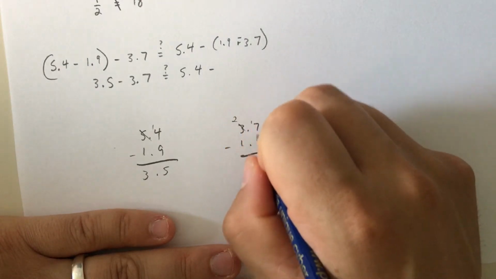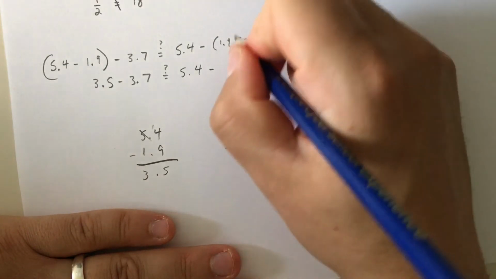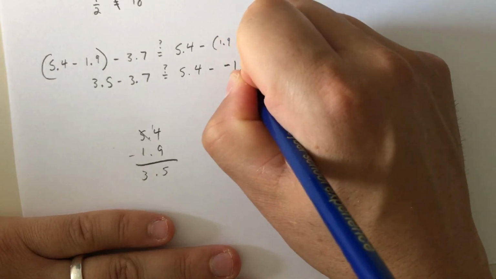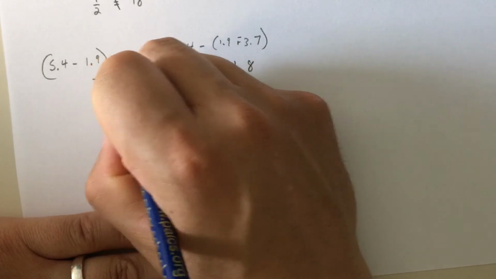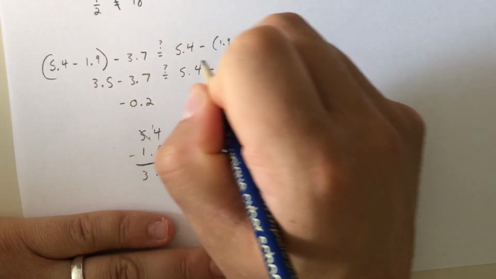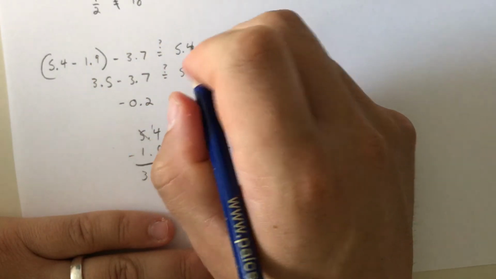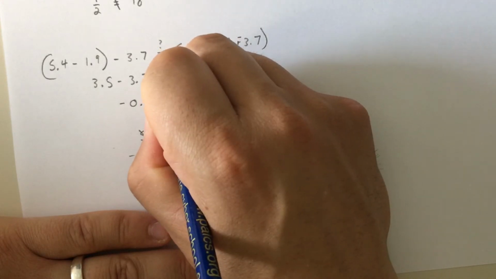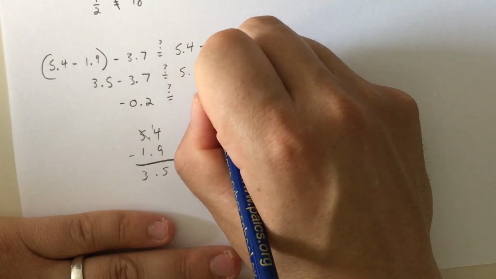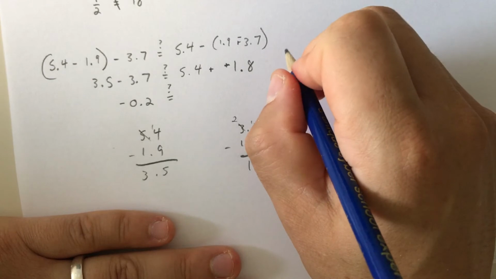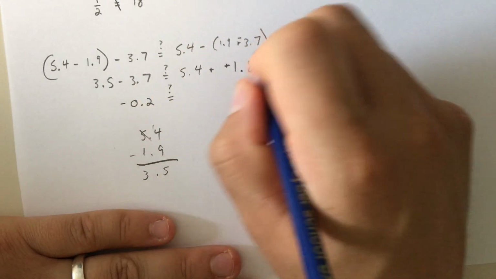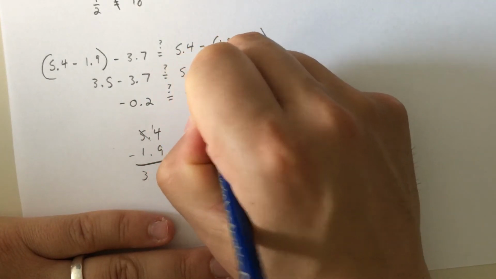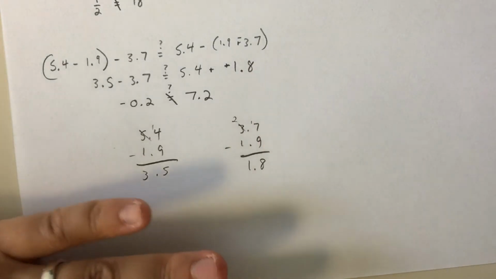So it's 1.8, so it's going to be negative 1.8. All right, so here when we subtract, we're going to get a negative 0.2. And we're asking ourselves here, draw a line, change the sign, so it becomes addition. So it's 2, carry 1, over 7.2. We see that these are not equal.